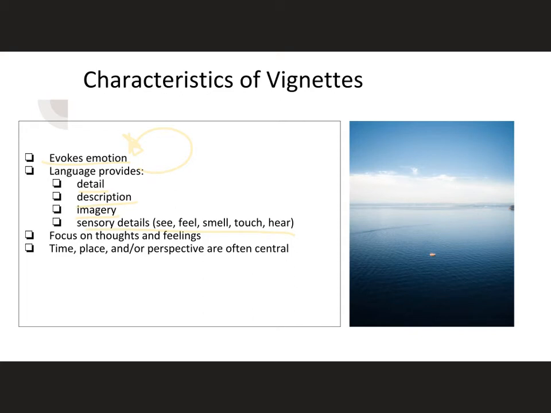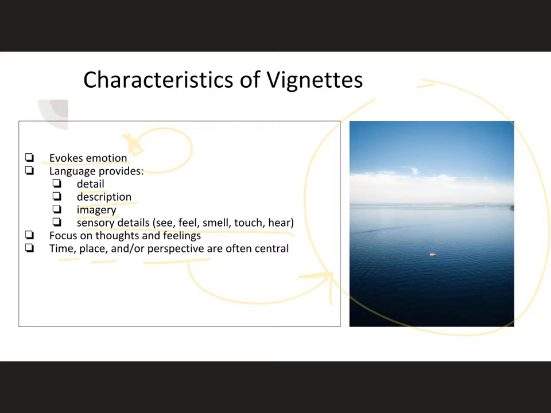We want to focus on the thoughts and the feelings of the people in the story. And then oftentimes time, place, and perspective are huge. I chose this image here on purpose because this is a really great example of perspective. If you want to tell a story about someone in a lifeboat, you have lots of choices as a storyteller for how to tell that.